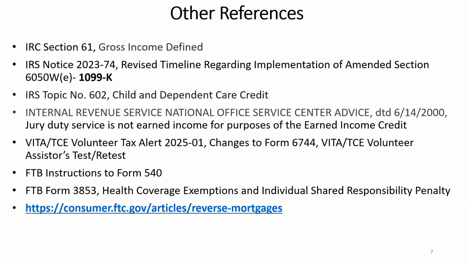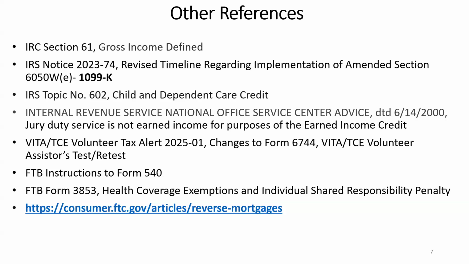This is important. If you got your pens and papers ready, you want to make note of this. This item, this volunteer tax alert, you'll see these come out during the season. And what happens is your site coordinator will be privy to that information and then share it with you. The first one that came out is this volunteer tax alert pertaining to that VITA test retest document that we talked about.